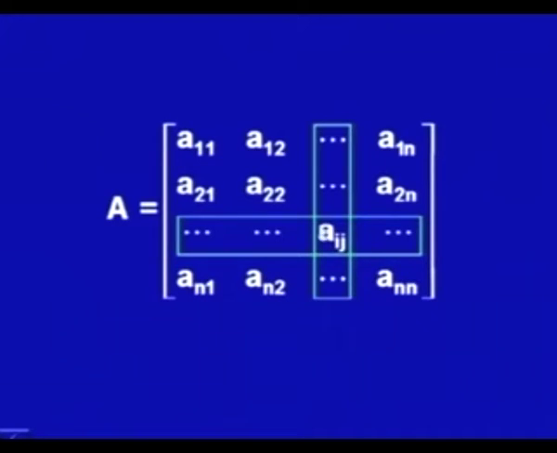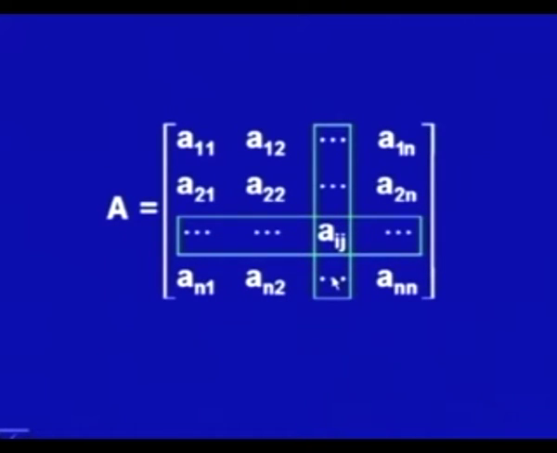cofactor Aij is obtained by considering a submatrix, deleting the ith row and jth column, and what we have is an n minus 1 by n minus 1 submatrix.